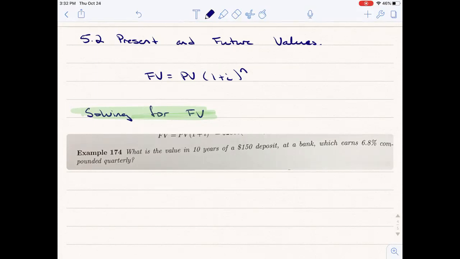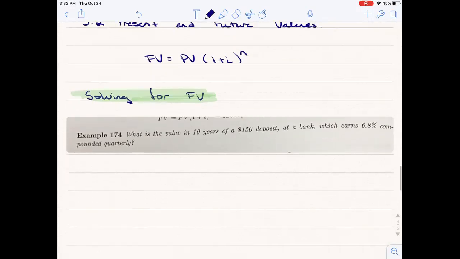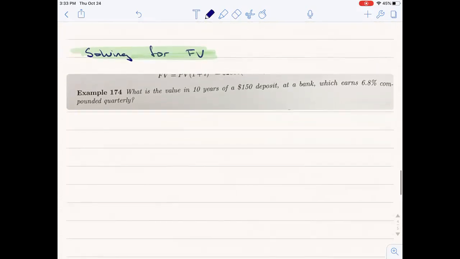So we're going to keep building timelines. These timelines are just going to change a little bit, because instead of having T and R, now we're going to have N and I, because that's more important for solving these problems. So we're going to put N and I on there instead. But really nothing else changes. The setup of the timeline doesn't change. So the concept of the timeline doesn't change.